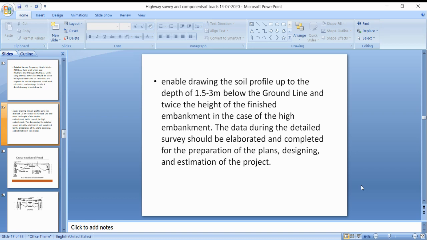At every 30 meter interval we have to take the cross sections, and see all the river crossings up to a maximum distance on either side of the center line.